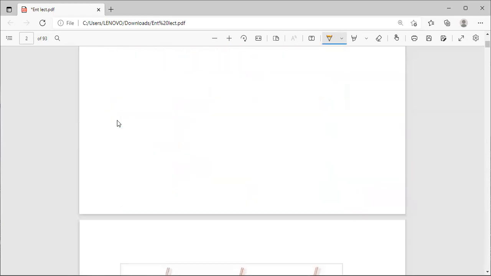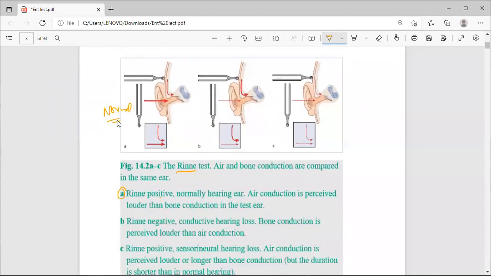Okay, let's explain now. So in the normal ear, first of all you will hit the tuning fork, and it will start vibrating. First of all you will place it behind the ear on the mastoid process, on the bone.